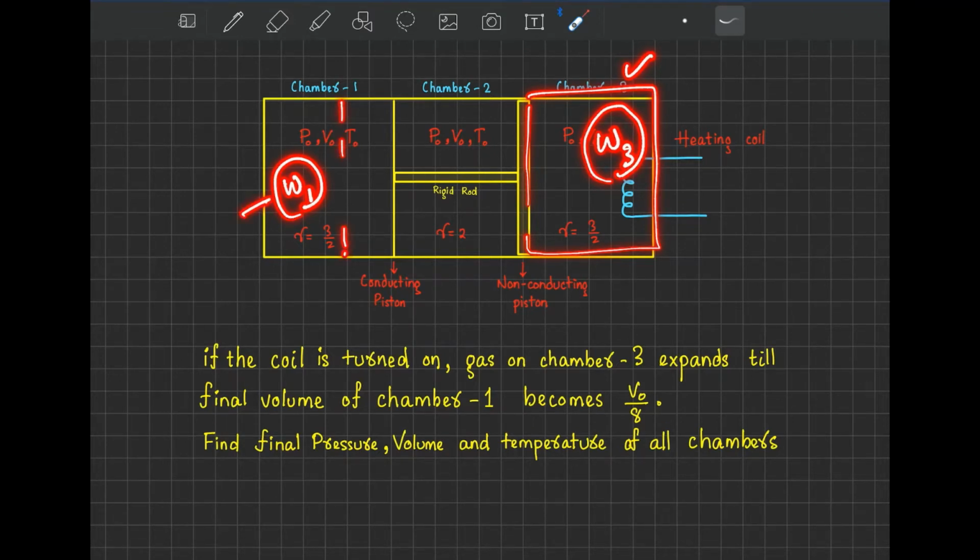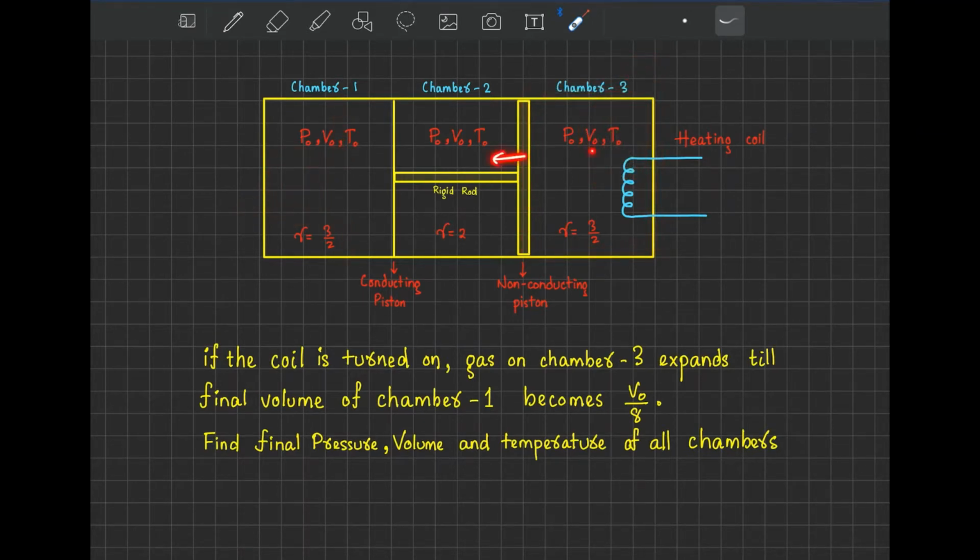So W1 will be negative and W3 will be positive, but the magnitudes of W3 and W1 must be the same, because the expansion here and here are the same. The initial states of all of them, P and V, are also the same. So the P delta V of this one and P delta V of this one will be the same. So we can say the work done by chamber 3 and the work done on chamber 1 are the same. So we can write W3 equals minus W1. This is another thing. Next, what else can we say?